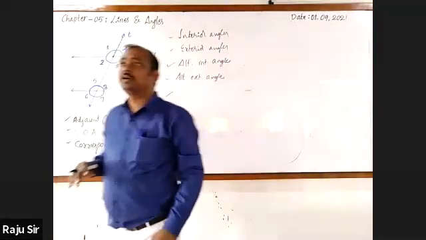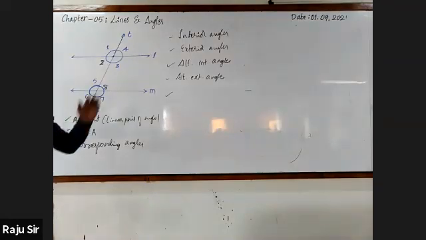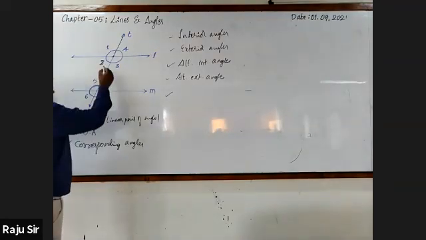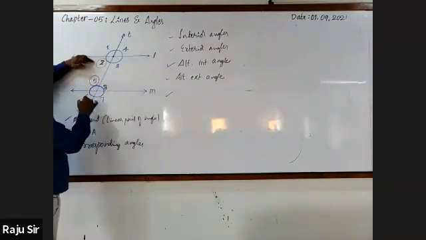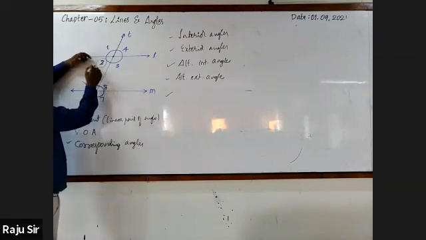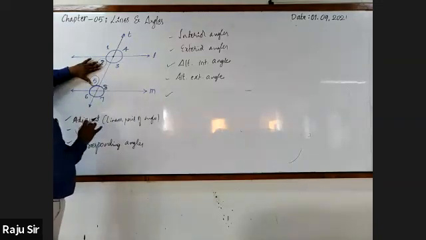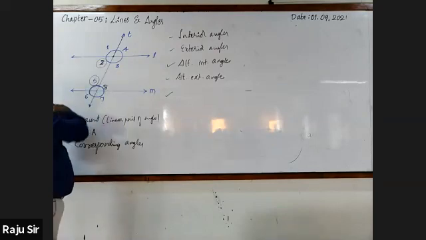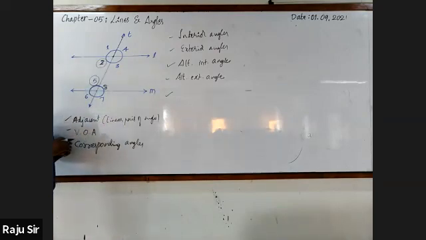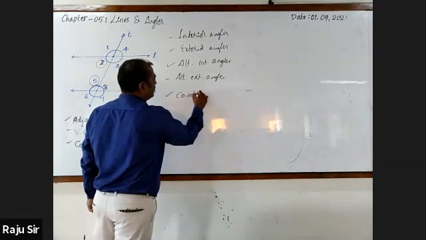Again, I'm going to take only interior angles on the same side of the transversal. If we take interior angles, these are 2, 5, 3 and 8 on the same side. 2 and 5 are on the same side, 3 and 8 as well. The interior angles that are formed on the same side of the transversal are called consecutive interior angles.